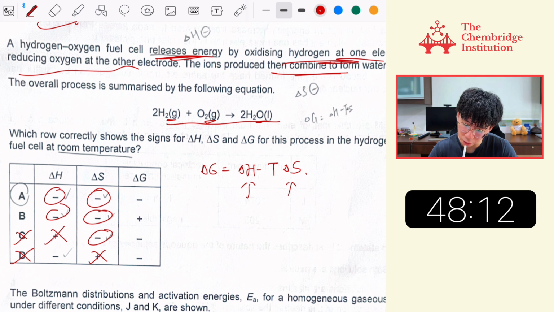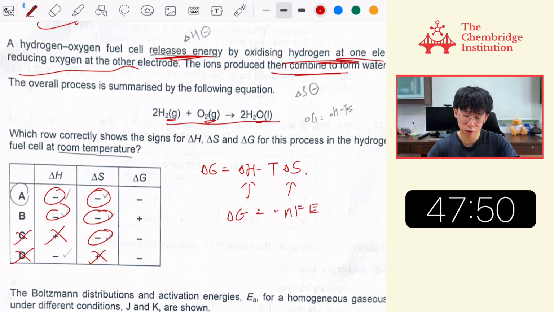I don't think I can find out the sign from here. If they're both negative, it really depends on the magnitude of delta H and delta S. They're not even saying if it's spontaneous or not. So I have to use delta G equals negative nFE over here.